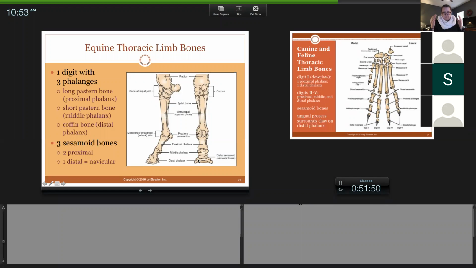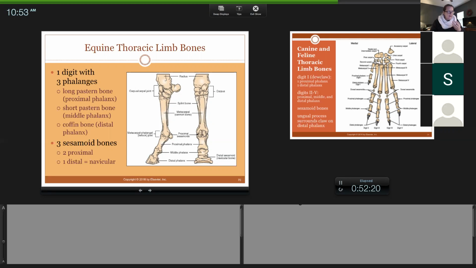I know it sounds morbid, but in school I had to come up with very weird or funny ways to remember things. So if you can come up with a saying, it goes cannon bone, long pastern, short pastern, coffin. Obviously coffin is easy to remember. It's the most distal bone of the horse, and you put a coffin in the ground. The coffin bone is the closest to the ground.